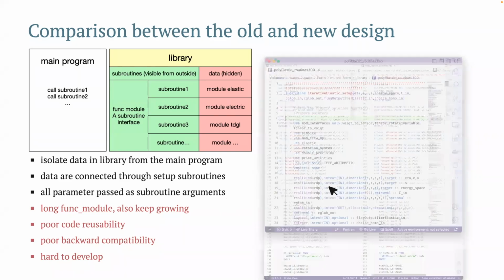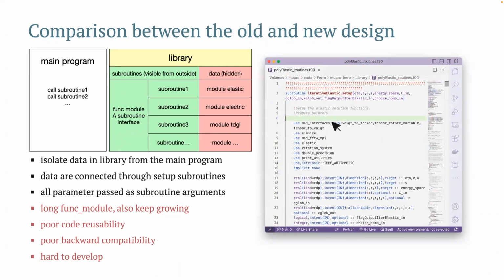And then another problem is backward compatibility. Because all of the parameters are passed through the subroutine arguments, if we add some new functions into the subroutines and we have more parameters that we need to pass, we just keep expanding these optional arguments, and we also keep adding layers and layers of wrapper functions above the actual subroutine.